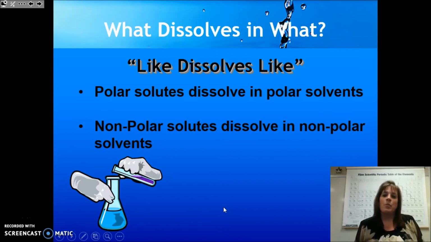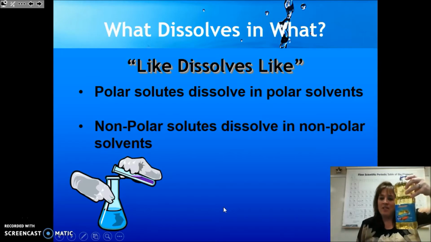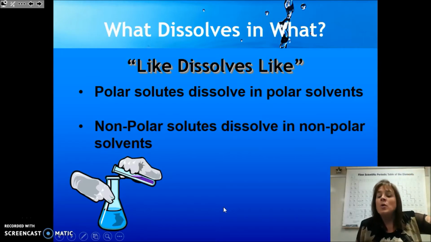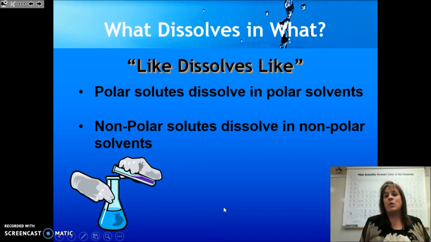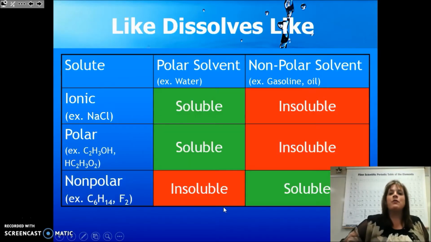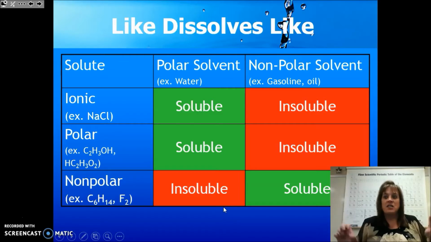So polar dissolves in polar. Whereas something that's nonpolar, like my vegetable oil, will only dissolve in something else that's nonpolar. So maybe some other oil, gasoline. So like dissolves like.